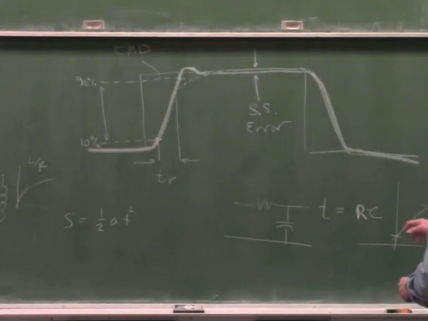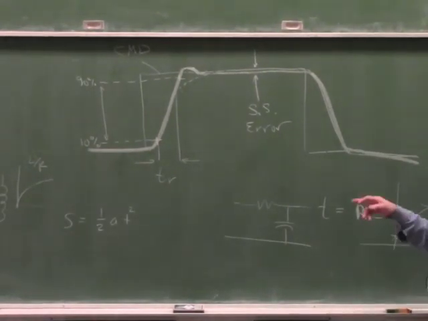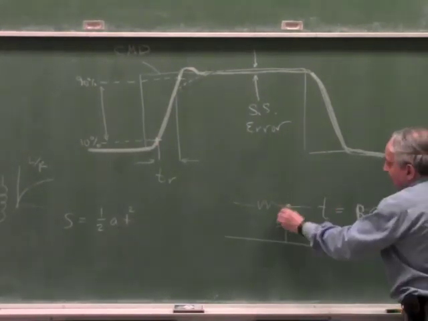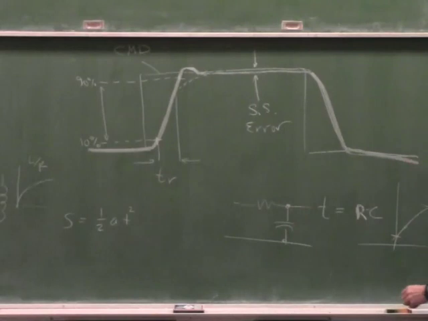Exactly right. Because RC measures to 1 minus 1 over e. The definition of a time constant in an electrical circuit is a different definition than rise time. Because the RC of a circuit is the time it takes to go from here to here, which at this point is 1 minus 1 over e. Whatever it is, 63%, is it?